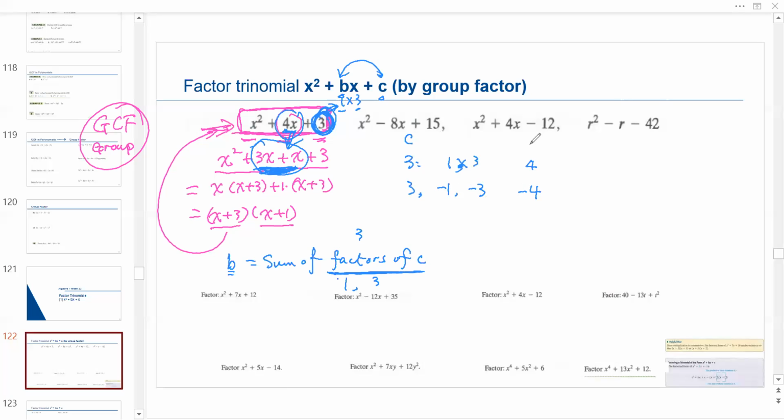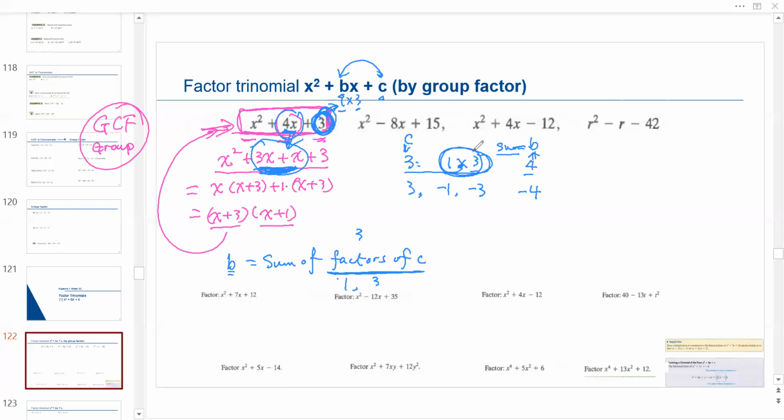So this is c and this is b. Your first step is to factor this c, find the factors and their sums, and see which one exactly matches b. That tells us which group to use.